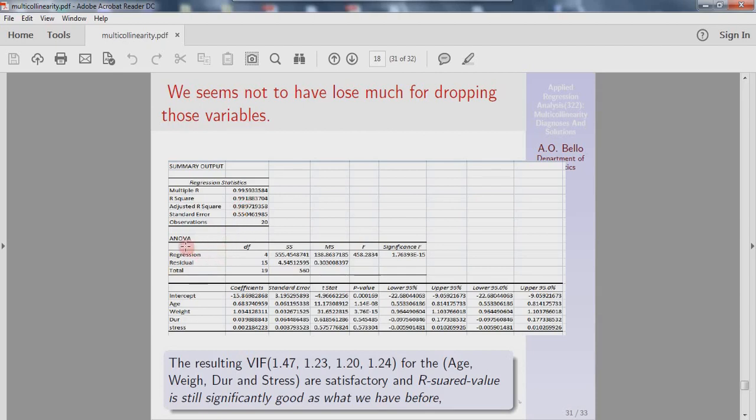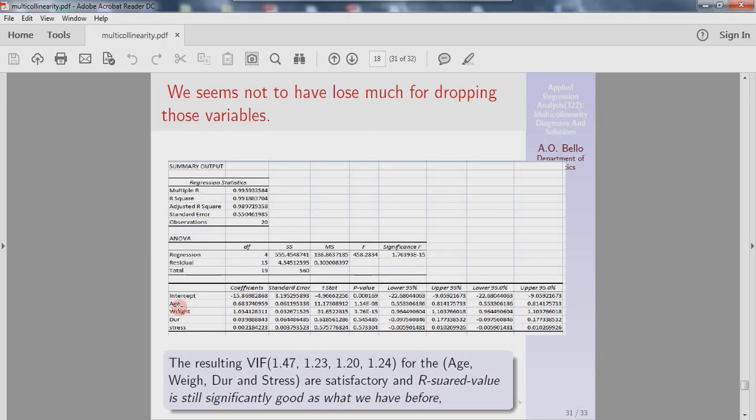So let's look at our ANOVA. Still looking at our ANOVA, our model can still explain 555 out of the 560 total sum of squares. Initially we were having 3, though there's a little bit of increase in the residual here, just very minute. We were having 3 point something, now we are having 4.5. So we still have a very huge sum of squares regression, and our model is still statistically significant.